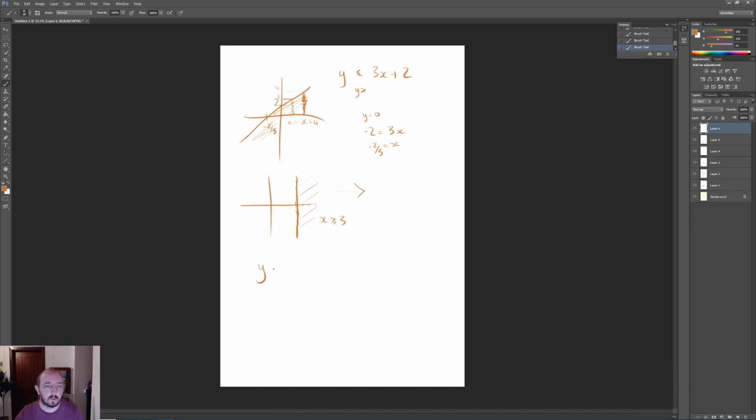If we do y is greater than negative 2, let's plot the line. There's negative 2, so we do a dashed line for this, because it's just greater than and not greater than or equal to. And I want a y value that's more than negative 2, like minus 1, 0, then the y values would be these ones.